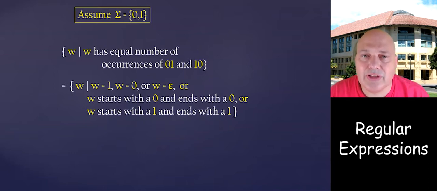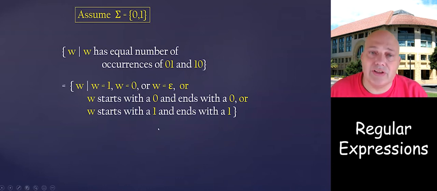So what strings have the same occurrences of 01 and 10? First, these are strings of length at most 1, because strings of length at most 1 have 0 occurrences of 01 and 0 occurrences of 10. So it's W equals 1, W equals 0, or W is empty.